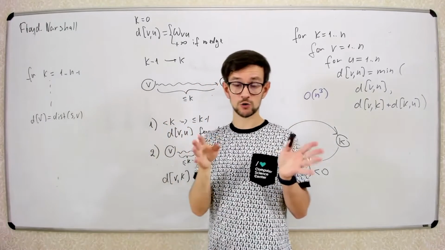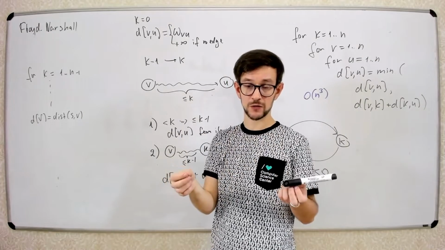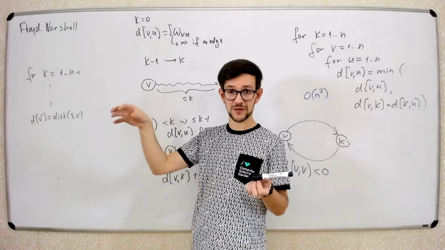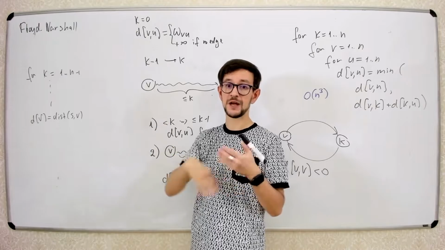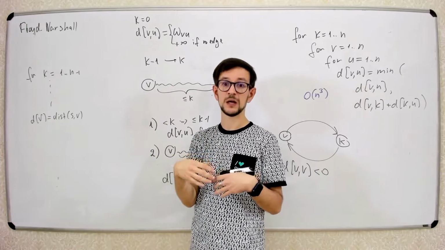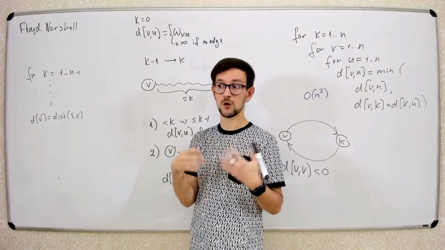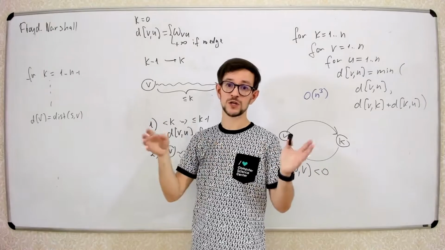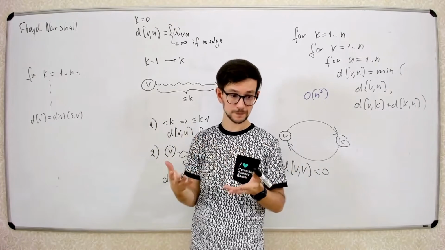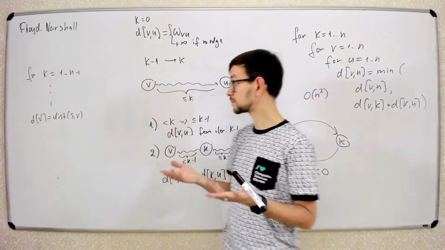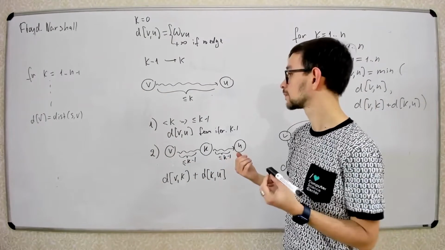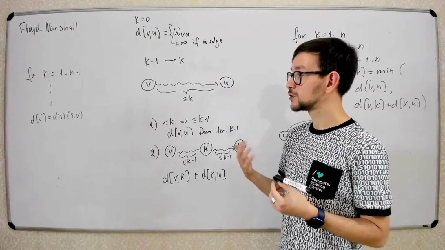So I will apply one more iteration of Bellman-Ford, and if this nth iteration updates something in array D, it means I have a negative cycle, because I have some shortest path which contains more than n minus 1 edges. That's all.